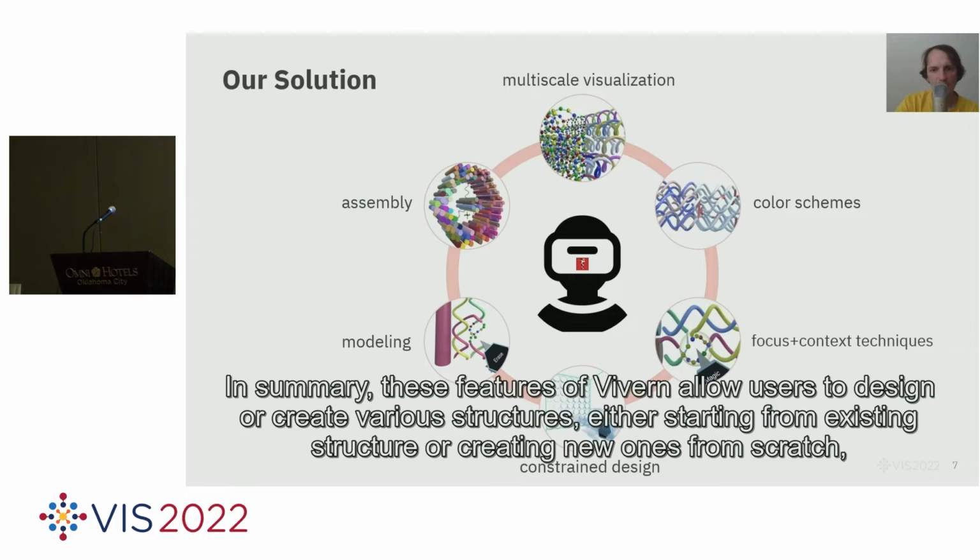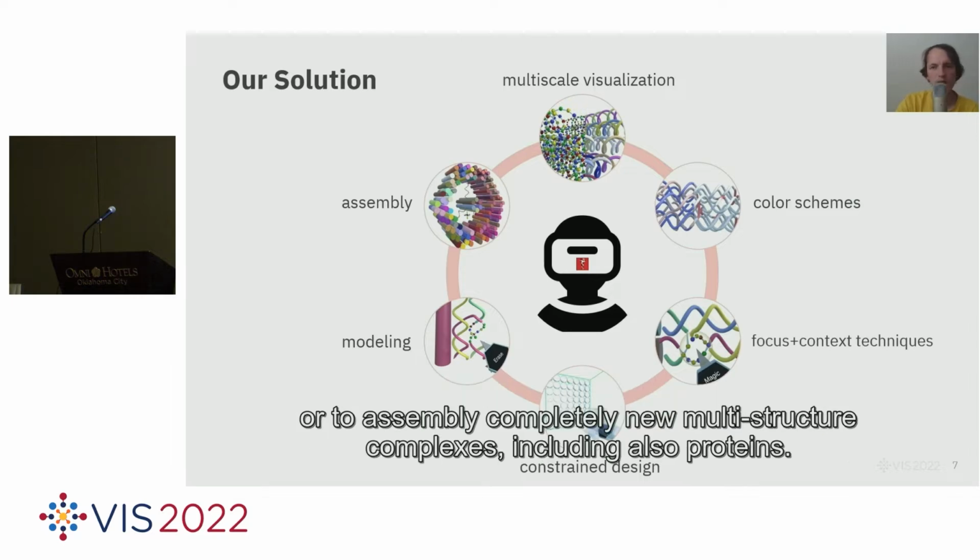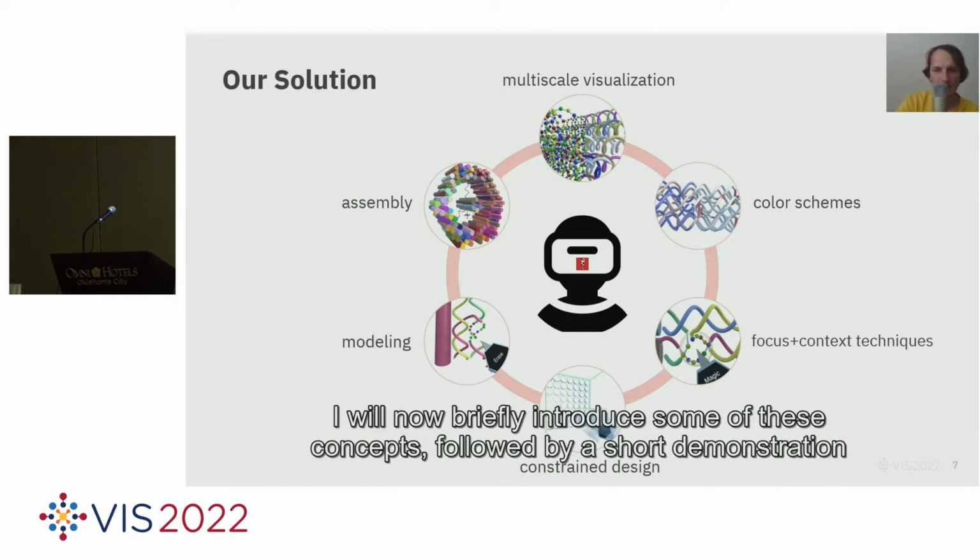In summary, the features of Vivern allow users to design or create various structures, either starting from existing structures or creating new ones from scratch, or to assemble completely new multi-structure complexes, including also proteins. In the following slides, I will briefly introduce some of the concepts, followed by a short demonstration of the application.